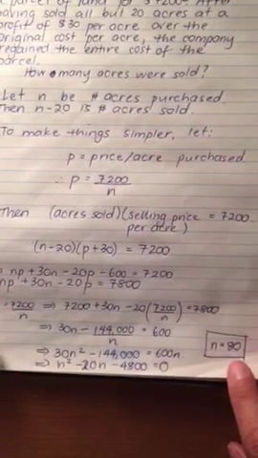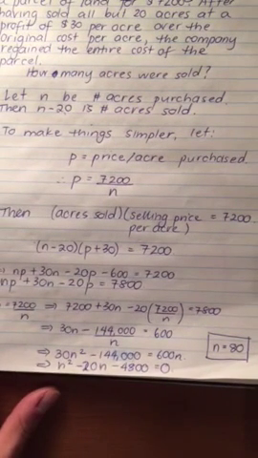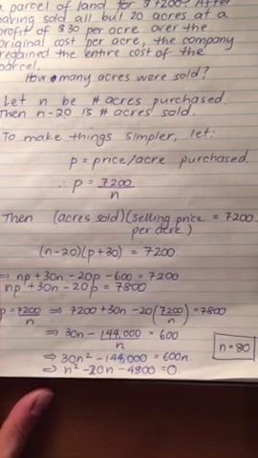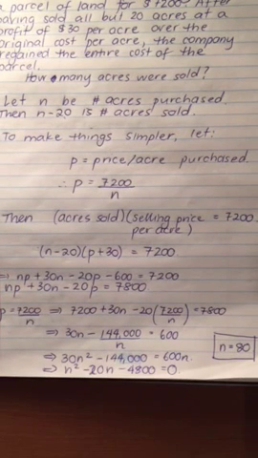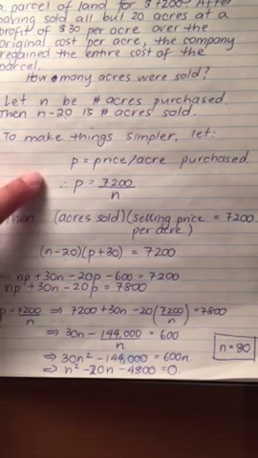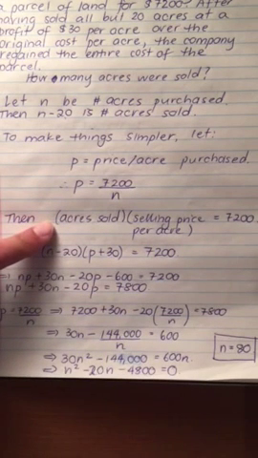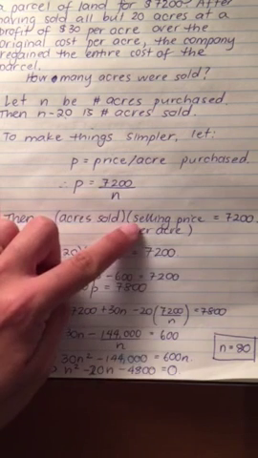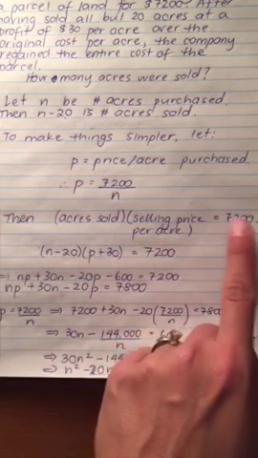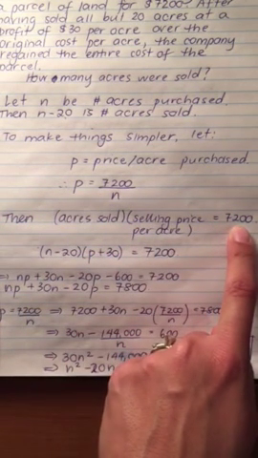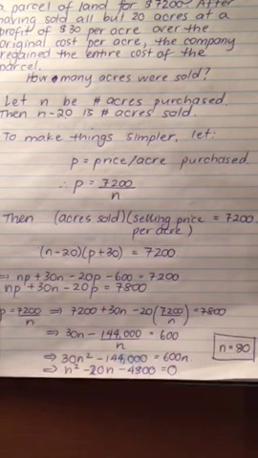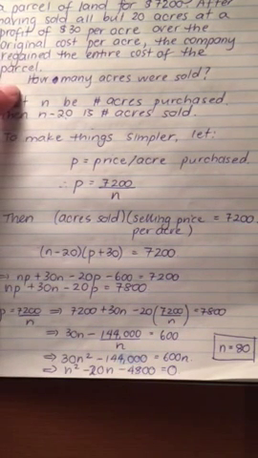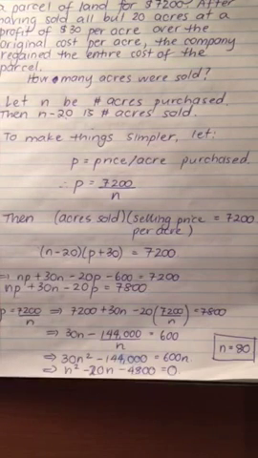First step. I sometimes like to write things out in words first, to understand what I'm going to set up. The amount of acres that we sell, so not the ones bought, because that's n, times the selling price per acre ends up breaking us even at $7,200. It says they regain the entire cost of the parcel after they sold n minus 20 acres with the increase in price.